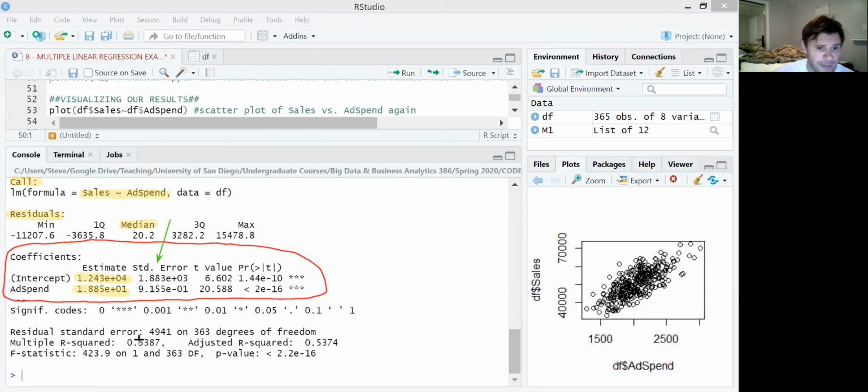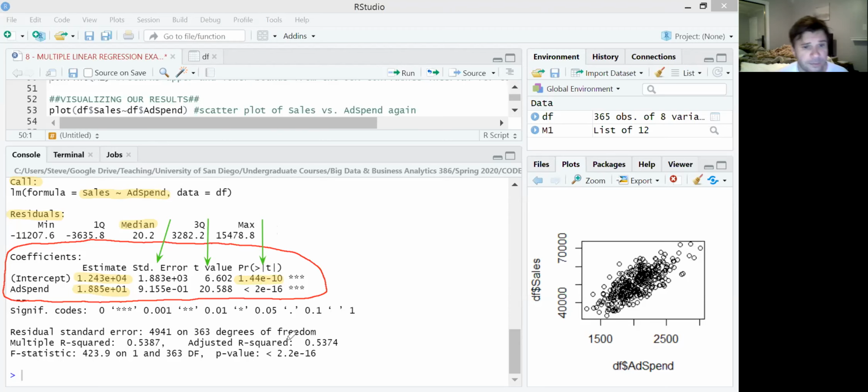The other things to note here are that we also have reported the standard error of each of those beta values, for the intercept and the slope. We also have a column that reports the t statistic for the individual significance test, and the far right column gives us the p-value associated with that t-test for each of those terms. So you'll note right away here, we have a near 0 p-value, 1.44 times 10 to the minus 10.